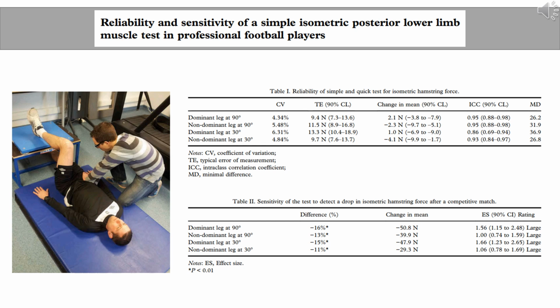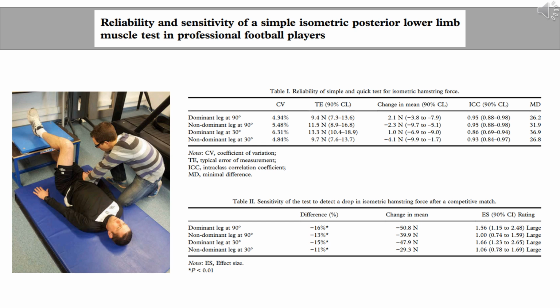So the top table, you can see that we've got coefficient of variation, typical error, and ICC, intraclass correlation coefficients, for peak force at 90 degrees and 30 degrees on both legs individually.